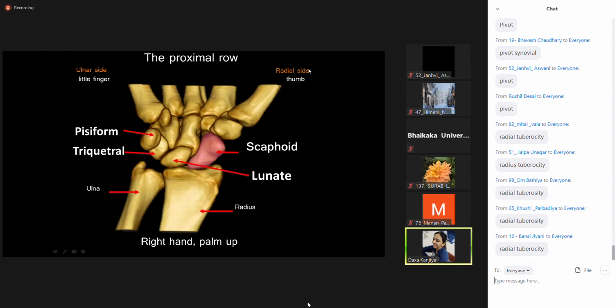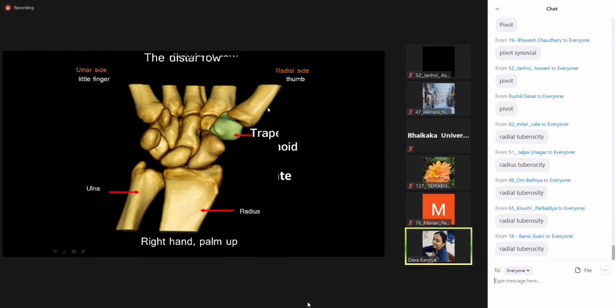Pisiform is a sesamoid bone that develops in the tendon of the flexor carpi ulnaris.